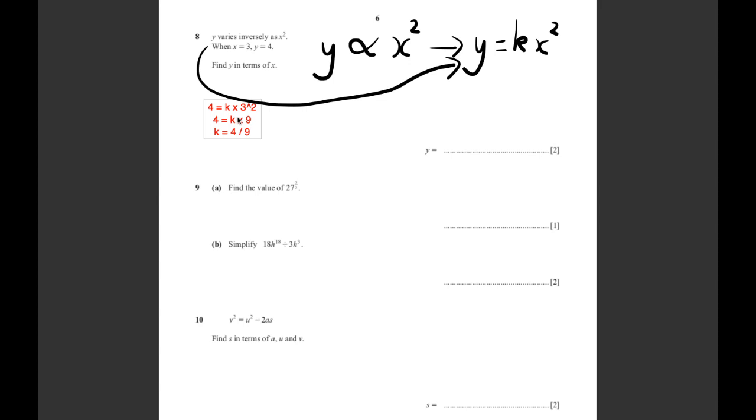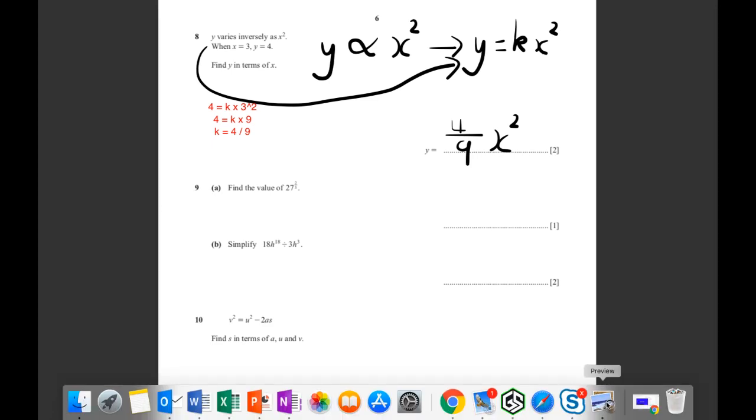And we've done what the question wants. Find y in terms of x, where we've worked out this constant, in this case, k. So our answer is y equals 4 over 9 x squared. Now generally these questions have a bit more depth to them, so you have to use this equation to find y when x is something, but 2-mark question is going to be a bit more basic.